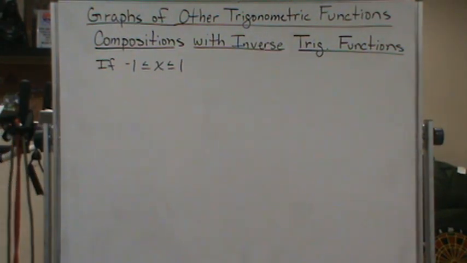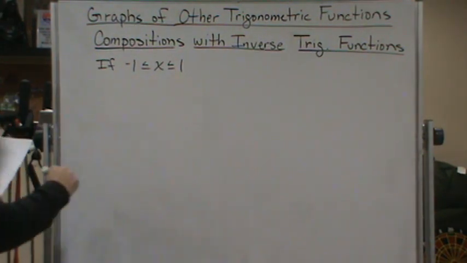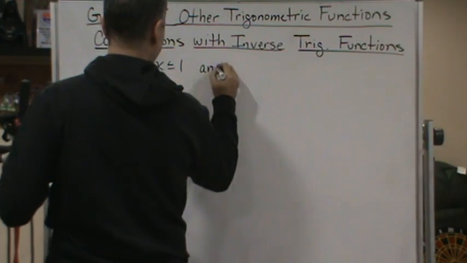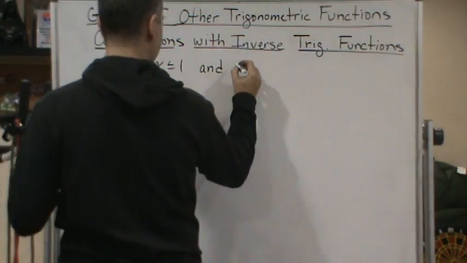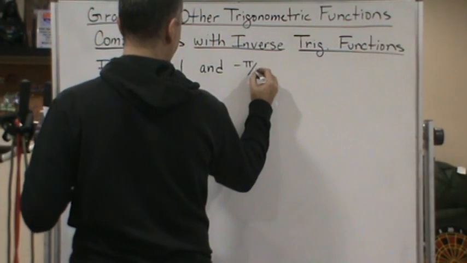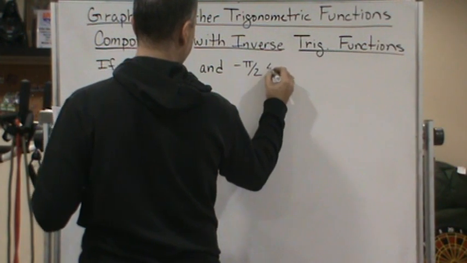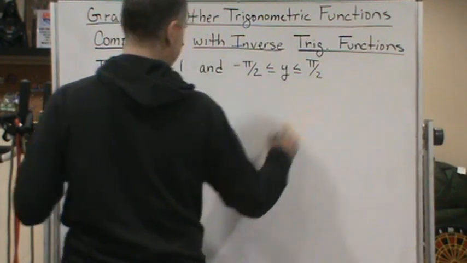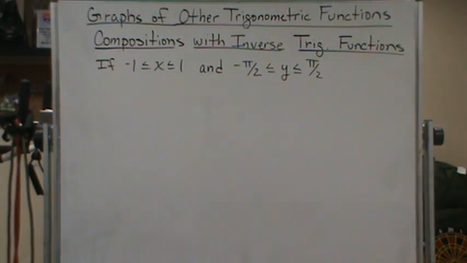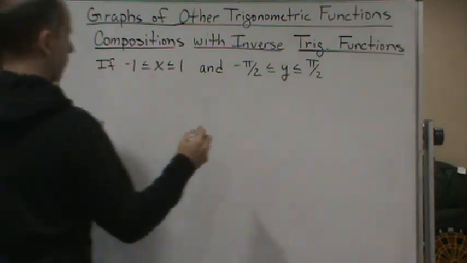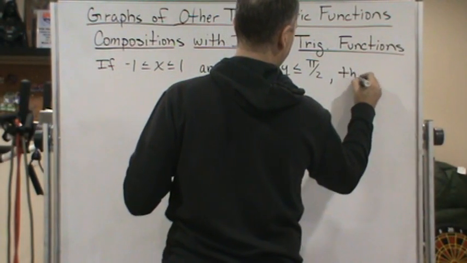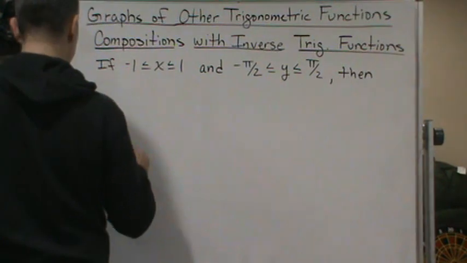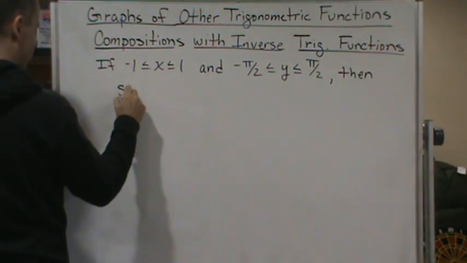So if x is from -1 to 1, and y goes from negative pi over 2 to pi over 2, then we have this.